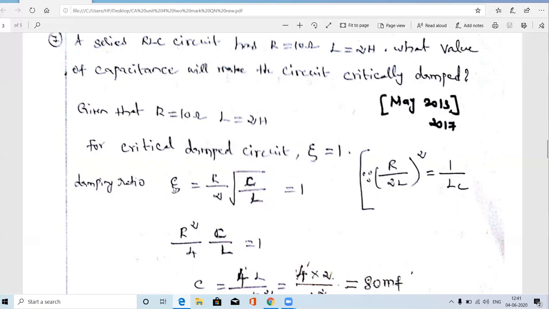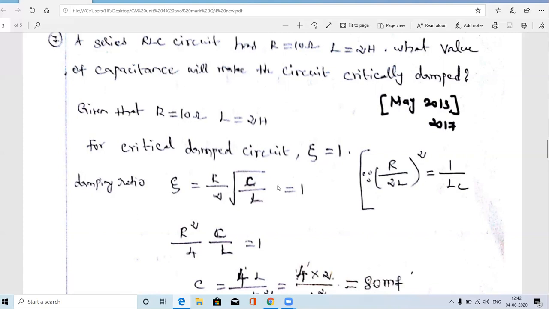What is the formula for the damping ratio? If you rearrange the equation, we get the damping ratio eta equal to R by 2 square root of C by L. Either remember this formula or the previous one.